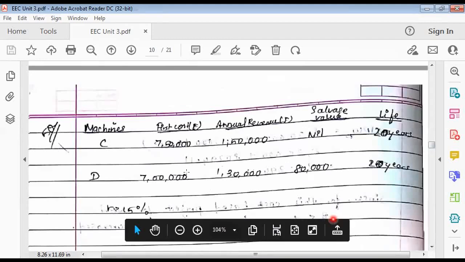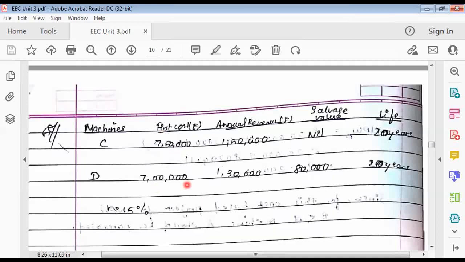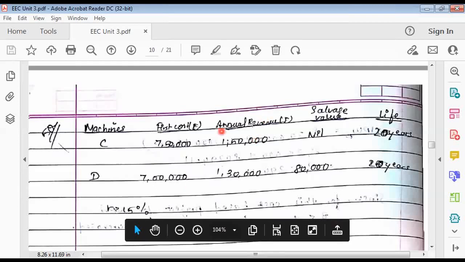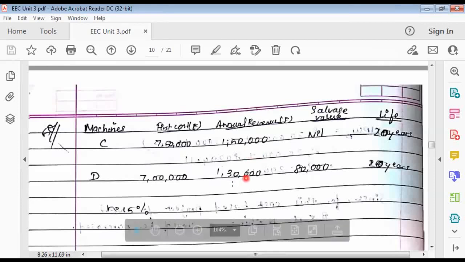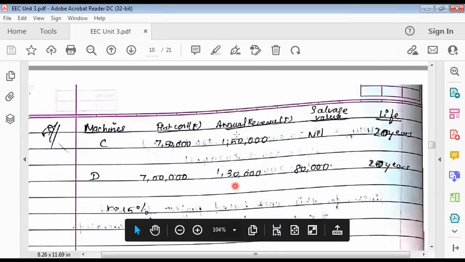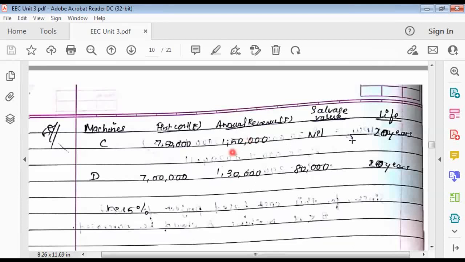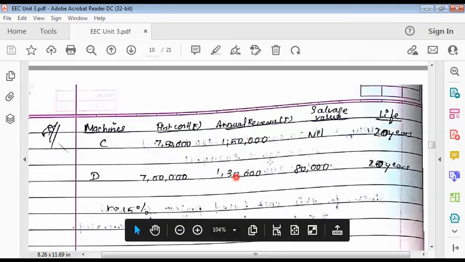Machine C and D. First cost or initial cost is 7,50,000 for C and 7 lakhs for D. Then annual revenue 1,50,000 for C and 1,30,000 for D. Every year you expect to get 1,50,000 for next 20 years from C, and 1,30,000 till next 20 years from D. Salvage value is nil for C, but 80,000 for D, and life in years is 20. Rate of interest is 15% compounded annually.